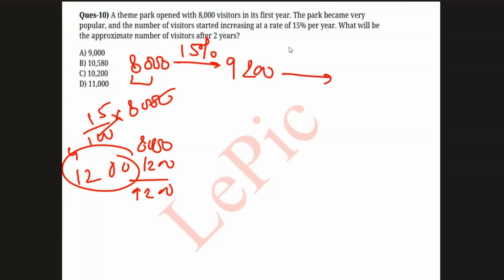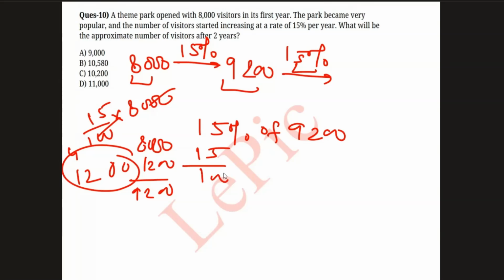Now again we have to increment 15%. This 15% increment should be of 9,200 and not the 8,000. So when you calculate 15% of 9,200, which means 15 by 100 of 9,200, the zeros get cancelled and you multiply 92 by 15.